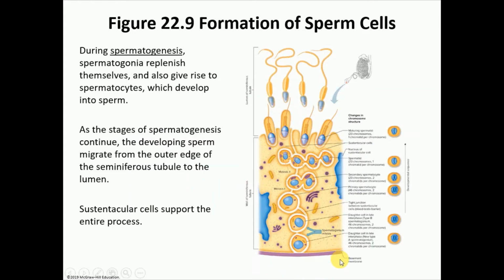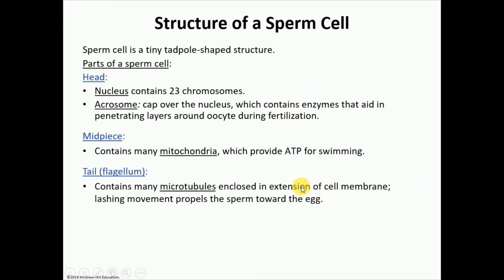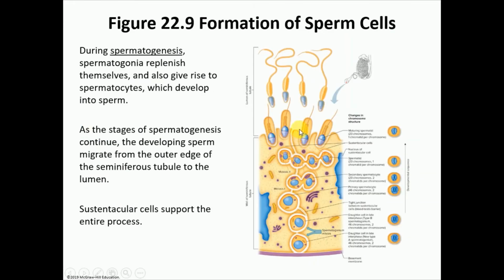And here you can see what happens kind of like in that seminiferous tubule, where this right here is your basement membrane, and you can see the different steps of spermatogenesis as they are occurring. And as you go towards the center of the seminiferous tubules, you'll see that the maturation process is going further.